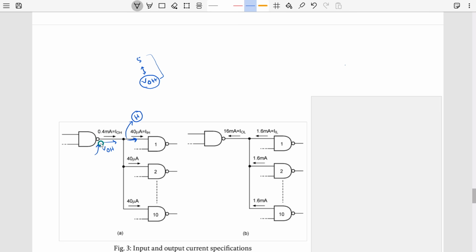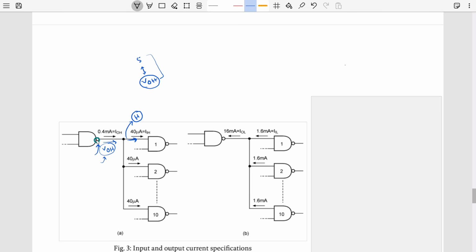That is the idea. So if currently we are providing VOH amount of voltage, and right now maybe 10 gates are connected, this is the maximum amount of current it can provide and still hold the VOH voltage. If I increase it so that 20 gates are connected to the output of this gate, what will happen?